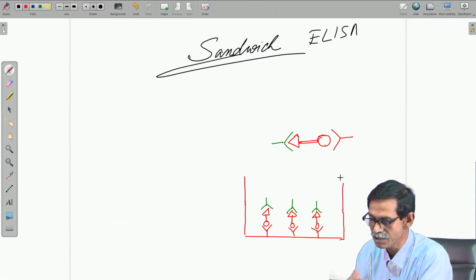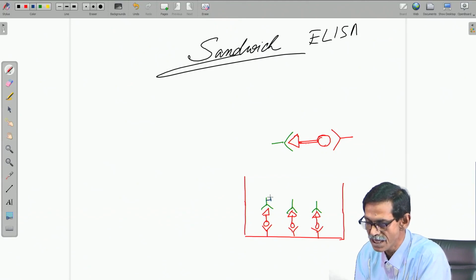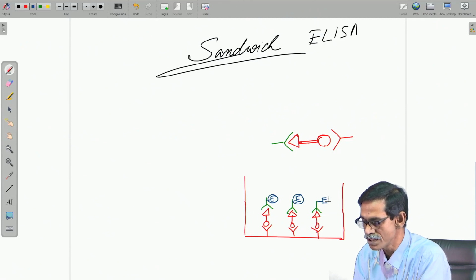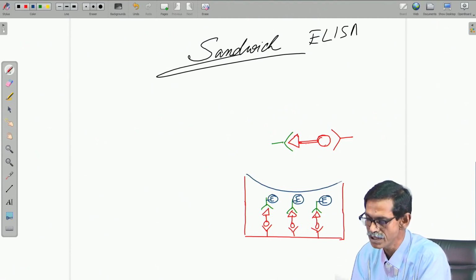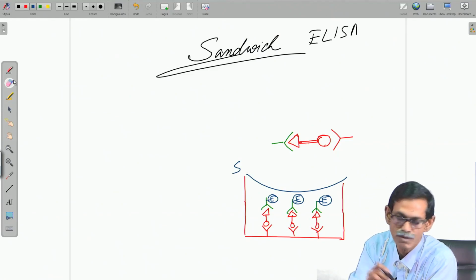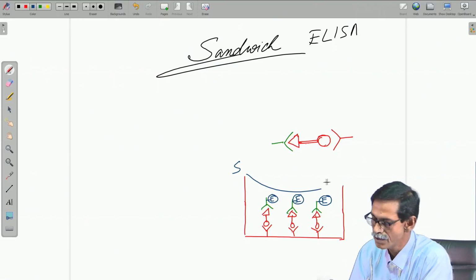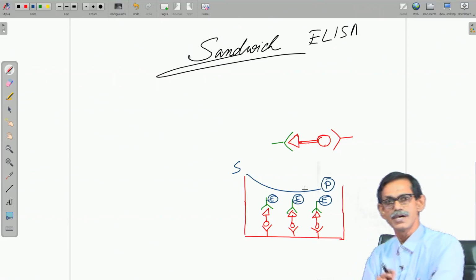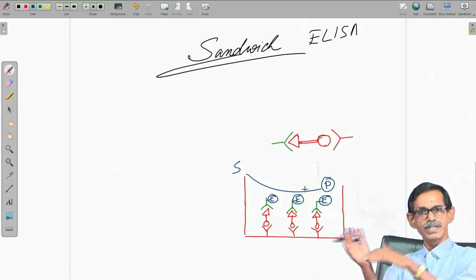If the second antibody, for example, is enzyme linked, what is going to happen? Same thing: the same enzyme, HRP or alkaline phosphatase, and you give the substrate and you have product here. The principle is exactly the same: same enzyme, same substrate, same OD you can measure.